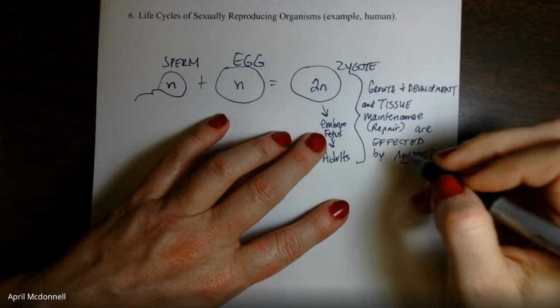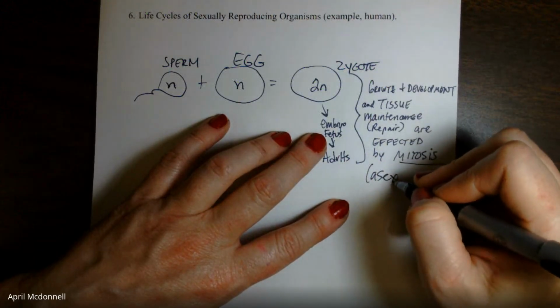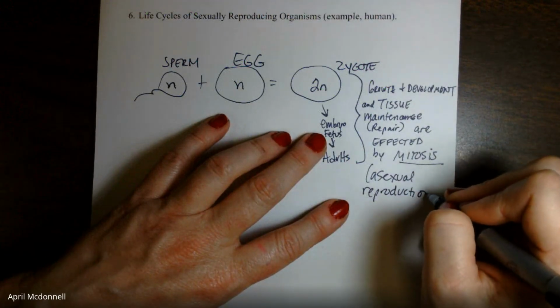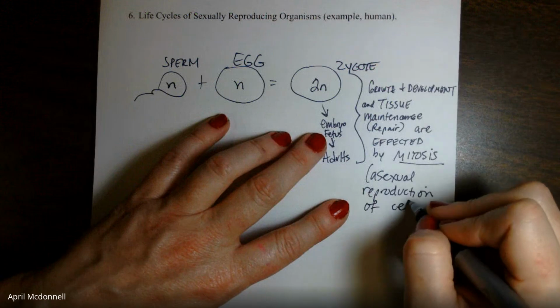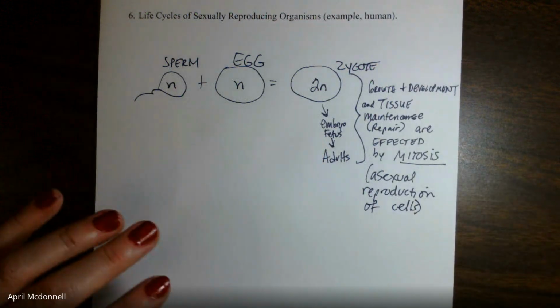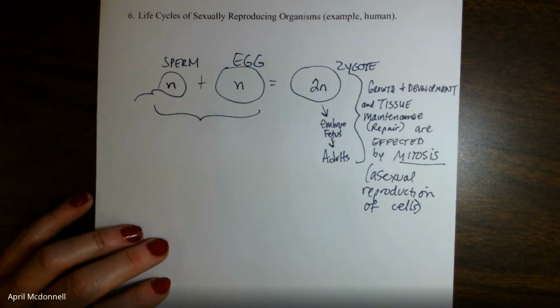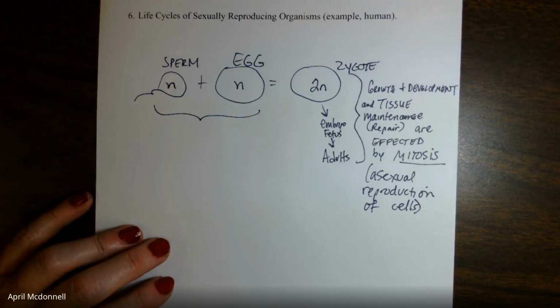And remember that mitosis is asexual reproduction of cells. The sperm and the egg is produced by meiosis.